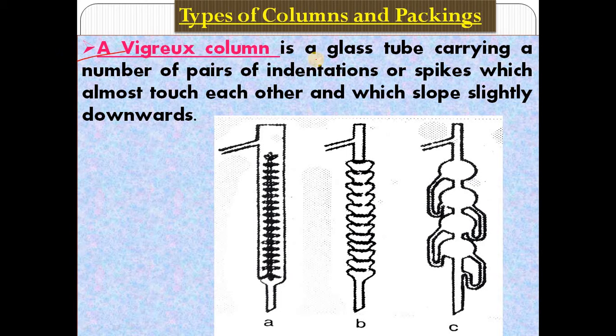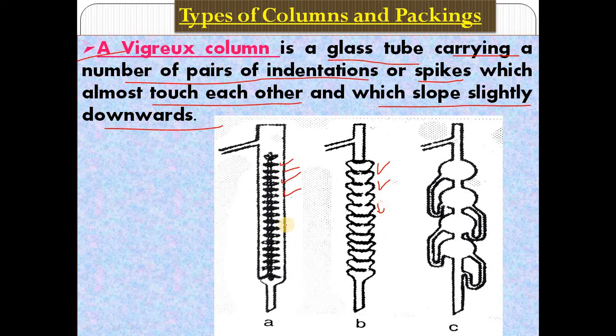What is a Vigreux column? A Vigreux column is a glass tube carrying a number of pairs of indentations or spikes which almost touch each other and which slope slightly downwards. These are some examples of Vigreux columns. There are several types of spikes available; as in the second diagram, they almost touch each other and slope slightly downwards.